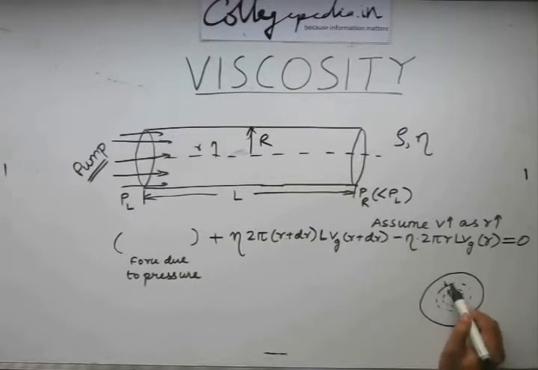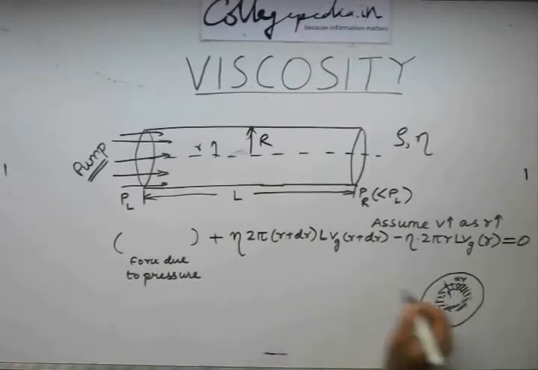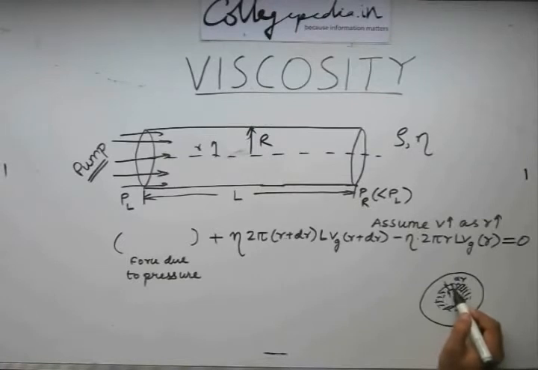This distance is basically dr. So the cross sectional area covered by this portion of two layers is going to be 2 pi r times dr. Because we are considering an infinitesimally small distance between these two layers, it really does not matter if you directly multiply this dr to the circumference of the inner cylinder.